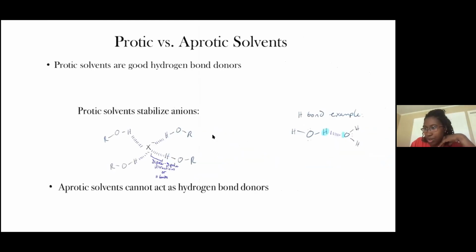Our first group to talk about is the Bronsted-protic versus aprotic group.